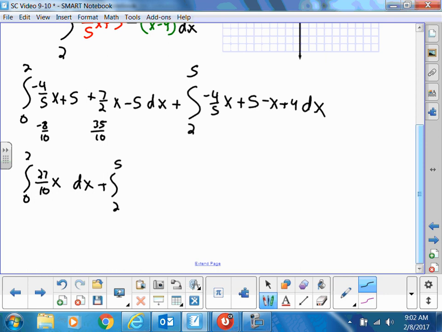And we'll have negative 4/5 x minus another x. So that'll give us negative 9/5 x, because minus an x is minus 5/5 x. And then 5 plus 4 gives us 9, and we'll have dx.